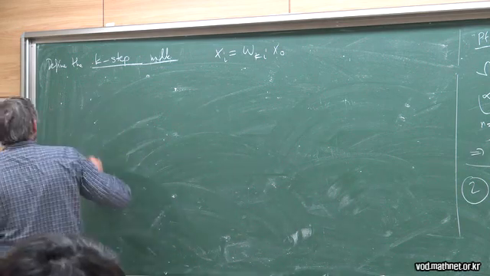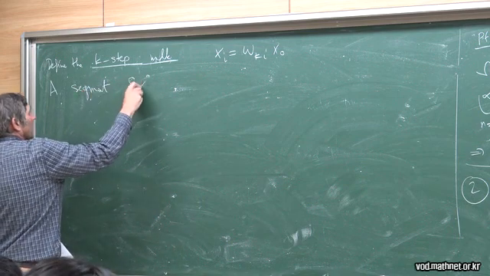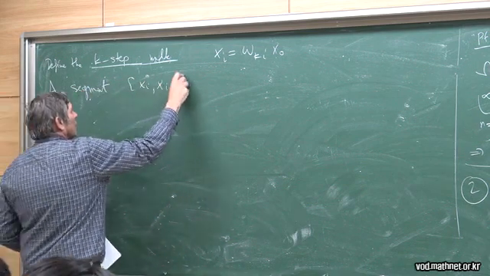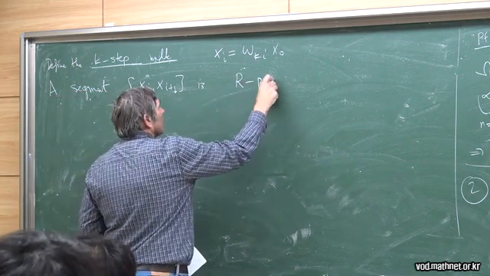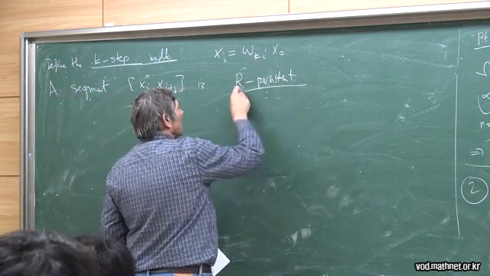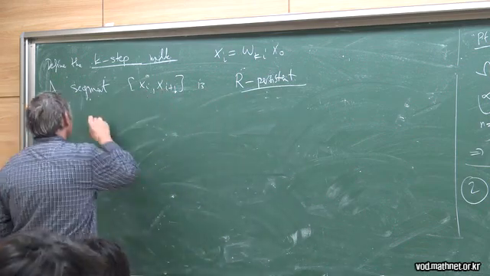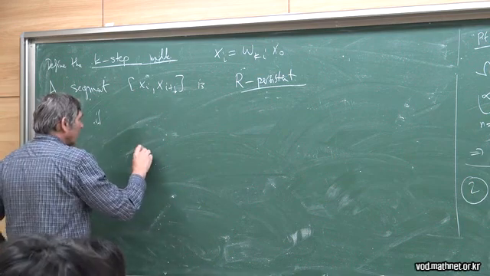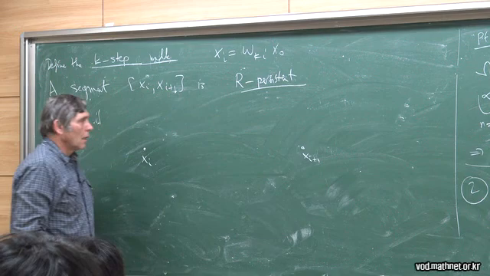I'm going to say that a segment between x_i and x_{i+1} is r-persistent, where r is some constant, if the following picture holds. I have x_i over here and x_{i+1} over here. These are two points in hyperbolic space.